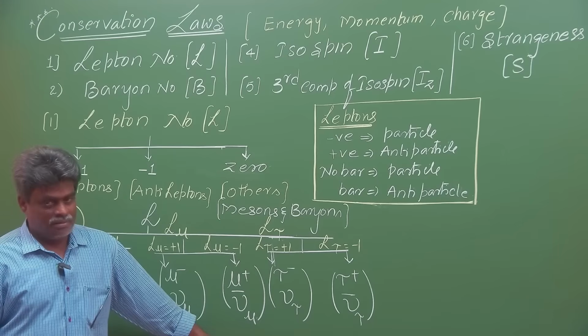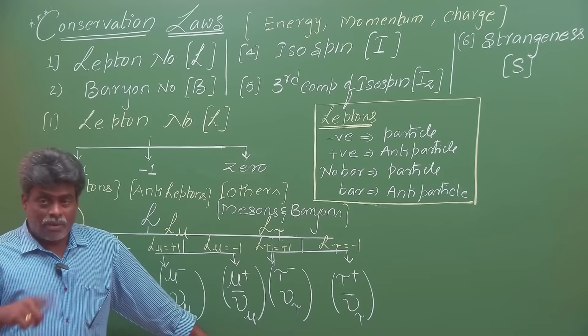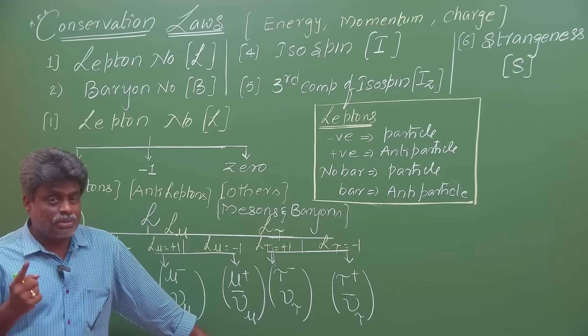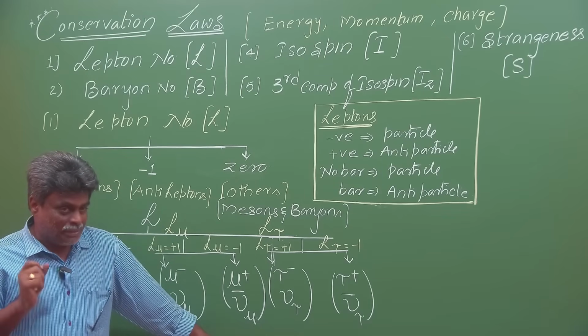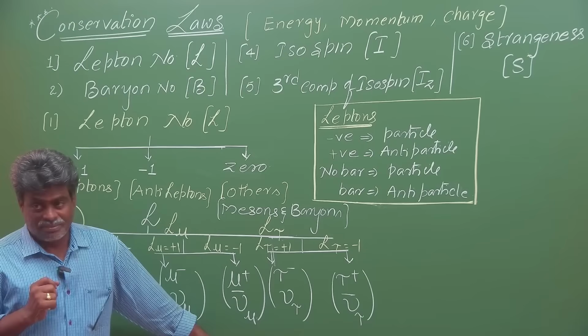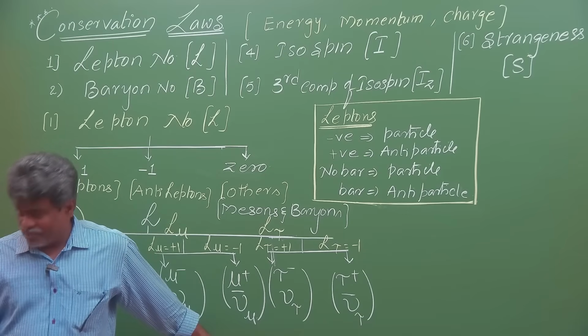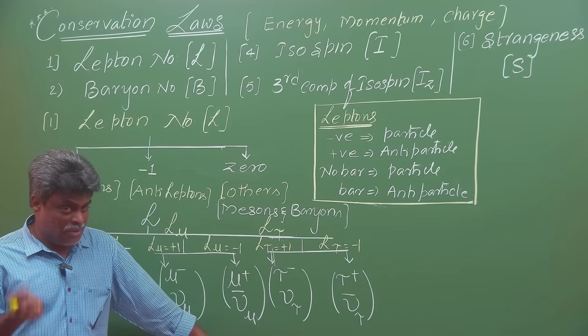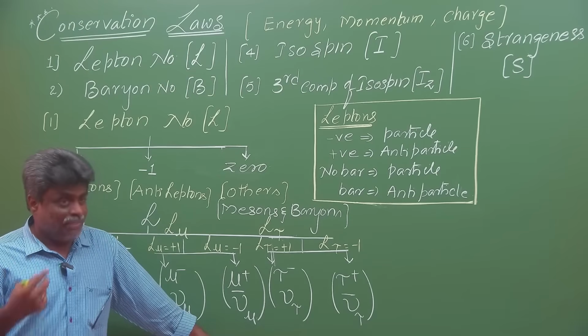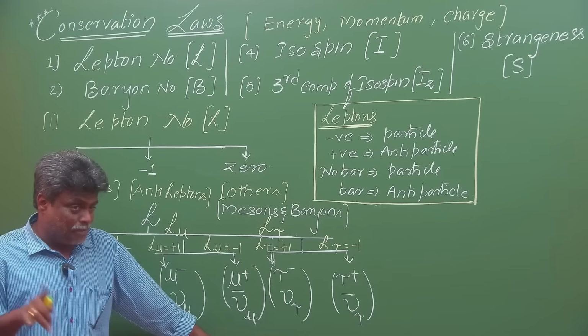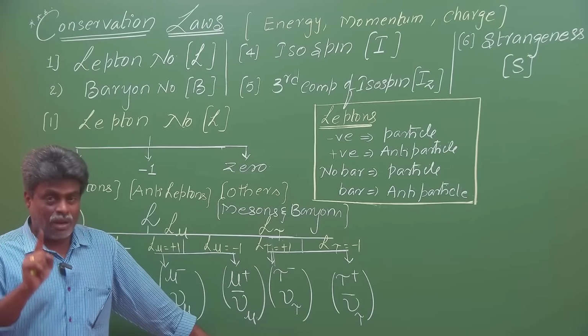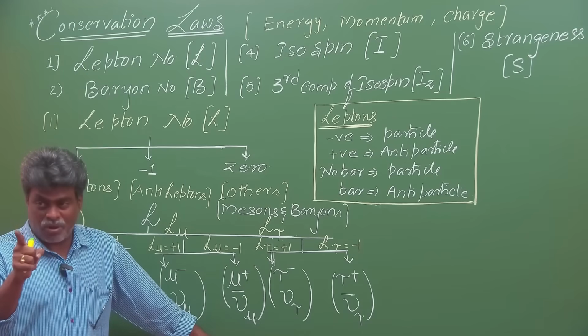Are you ready? Now I will say the particle, you say its value. If I give a particle, you have to say +1. If I give an antiparticle, you have to say minus. If I give another particle which is not a lepton, 0. Now you are going to say the lepton number.